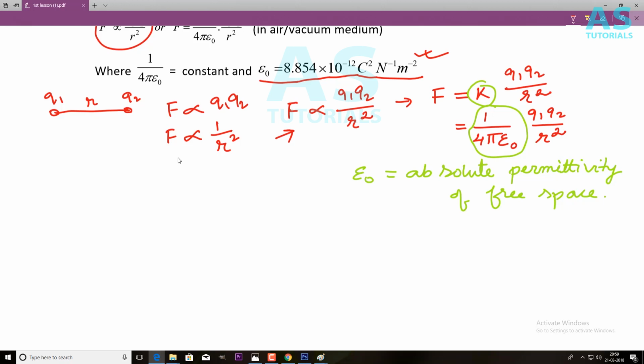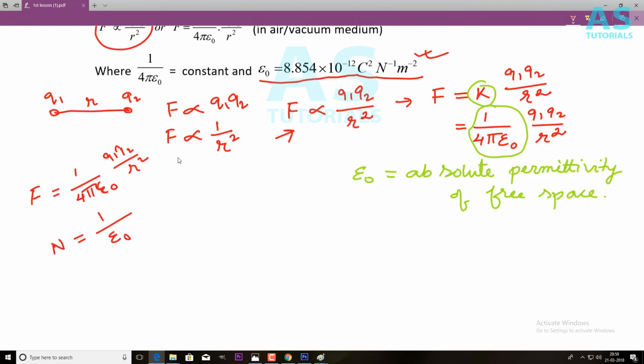From the equation, F is equal to 1 divided by 4 pi epsilon naught Q1 Q2 divided by r square. Now let us put the unit. Force in Newton in SI is equal to 1 divided by 4 pi. These both are constants without any unit. But you have epsilon naught here, so let us write epsilon naught here.